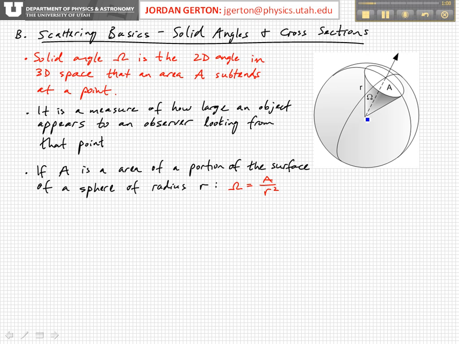For example, if you're an observer at this point here and you look out and see some object some distance away, and that object has a particular area subtended at that distance, then the solid angle omega is the two-dimensional angle which corresponds to that area.